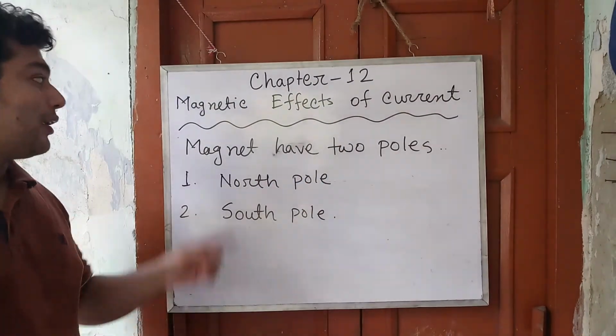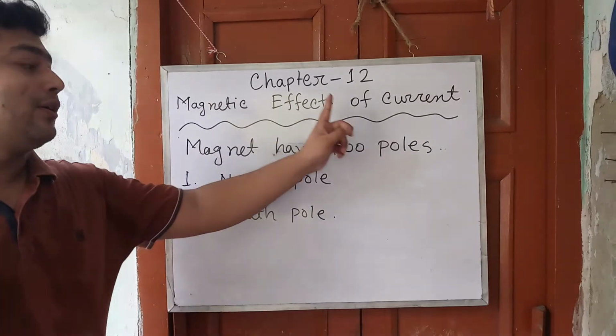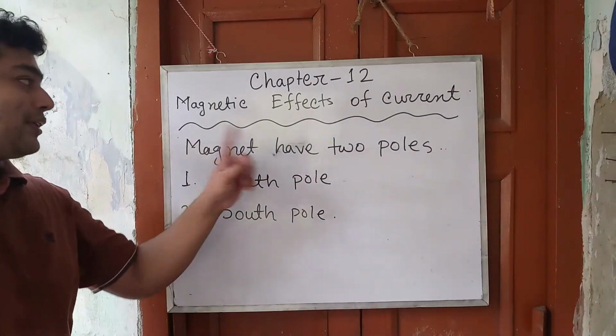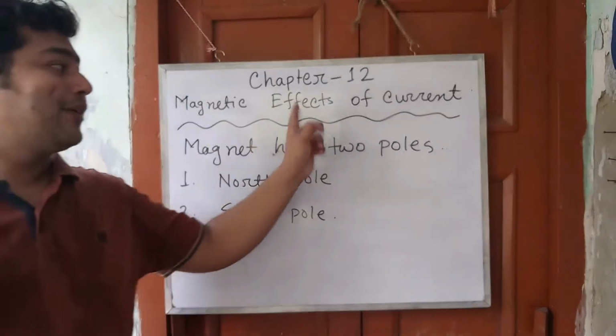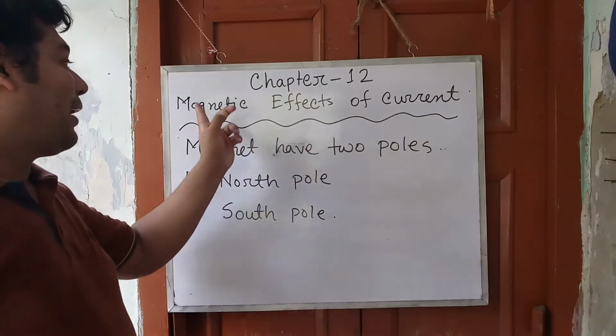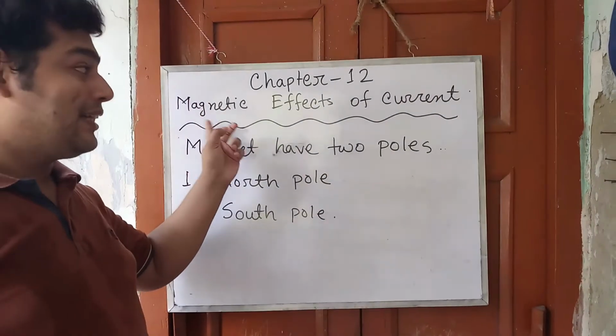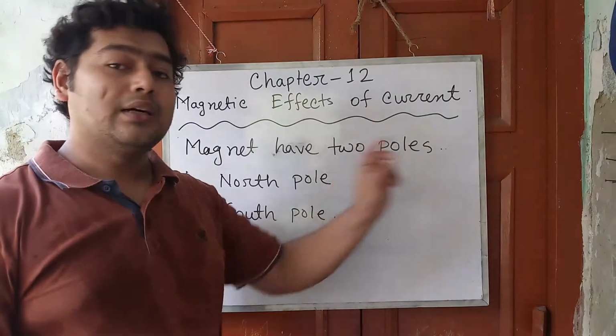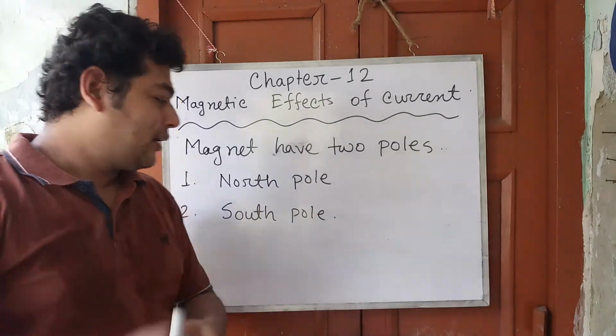This is called the magnetic effect of current. By flowing current we get magnet or magnetism. This phenomenon is called the magnetic effects of current.